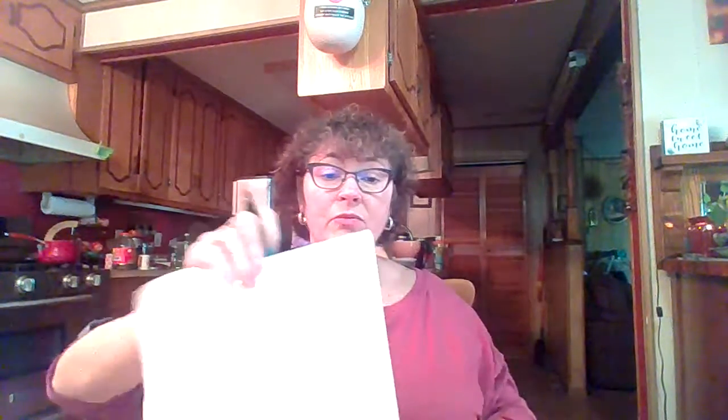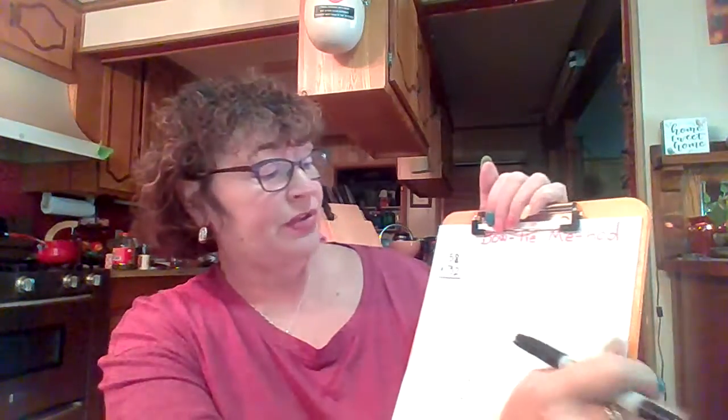Now we're going to flip this over and do the bow tie method. Again, we are going to break the numbers down into tens and ones. I'm using almost the same numbers.